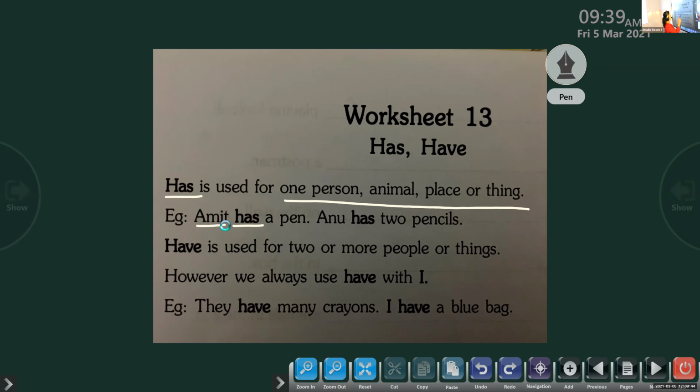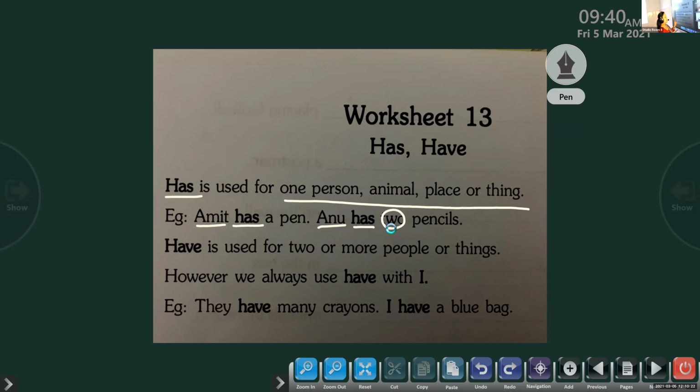But now have a look at the second example in the same sentence. Anu has. Here also we are speaking about Anu, who is one person, one girl or one woman. And as we are speaking about only one person, we must use has. The case is a little different here because Anu has 2 pencils. But we don't give much importance to that. We have to give importance to the number of people whom we are speaking about, that is Amit and Anu.